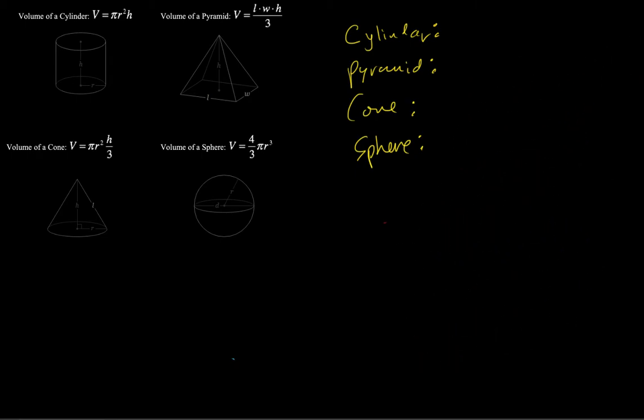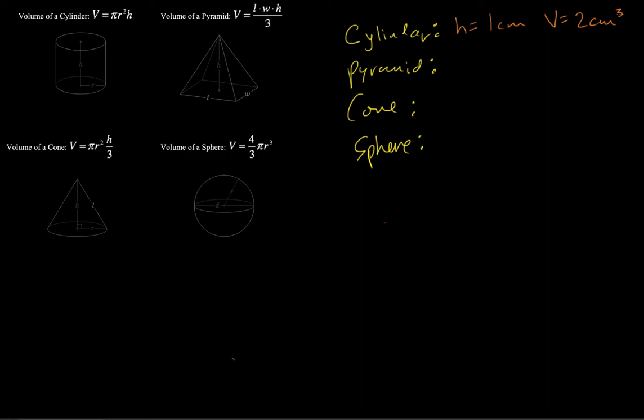And the next group of problems on your homework look like this. We're given a cylinder, and the height is given as 1 centimeter, and the volume is given as 2 centimeters cubed.